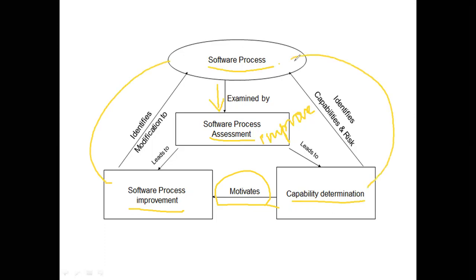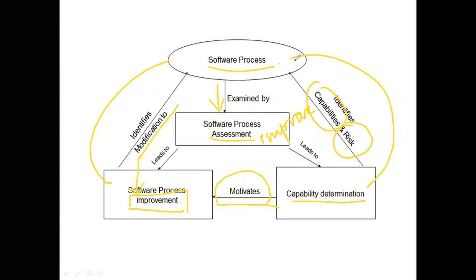Now this is used so that you can identify the capabilities and the risks, and the later side is going to be used for identification and modification. The name improvement means whenever there is a modification to the software, then and only then can you improve the software.